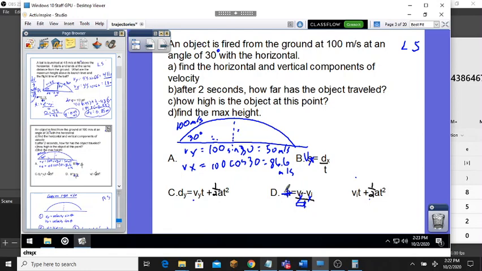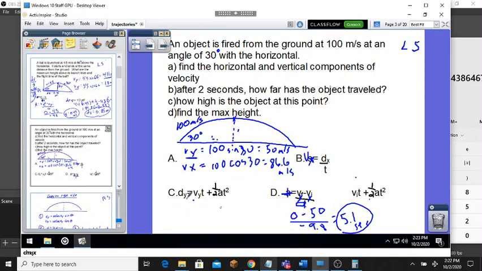For YF, that one's always 0. Always, always, always. And for Vy, we're going to use this Vy, which was 50. And that's where I made the mistake on the last example. I should have used that number. If it says Vy, you're going to use that number. And acceleration we know is negative 9.8. So I'm going to divide these two numbers and I get 5.1 seconds. So it's going to take about 5 seconds for it to reach the high point.